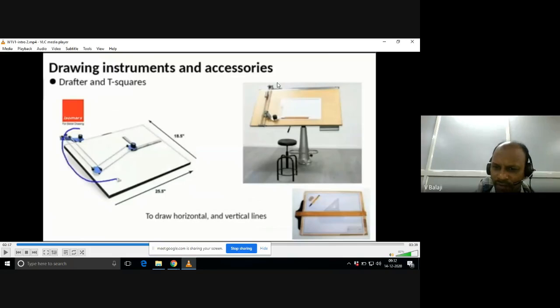How to use it and all, I will explain later. Anyway, this is a T square. We generally don't use it in our engineering practices because the mini drafter replaces so many other instruments. We need not use such instruments.